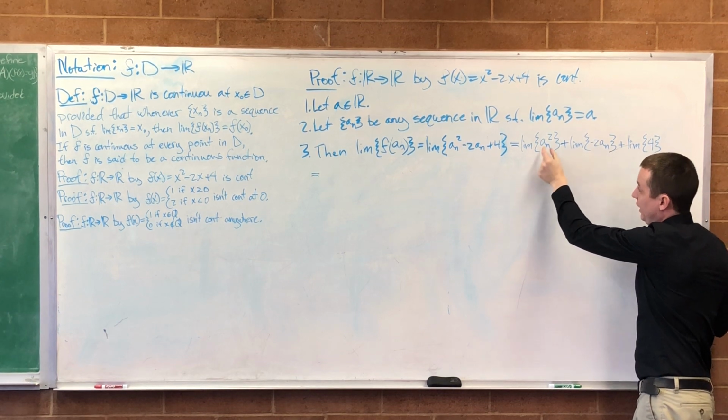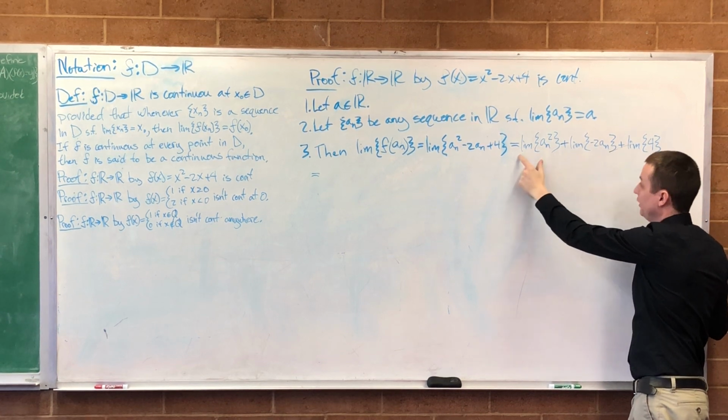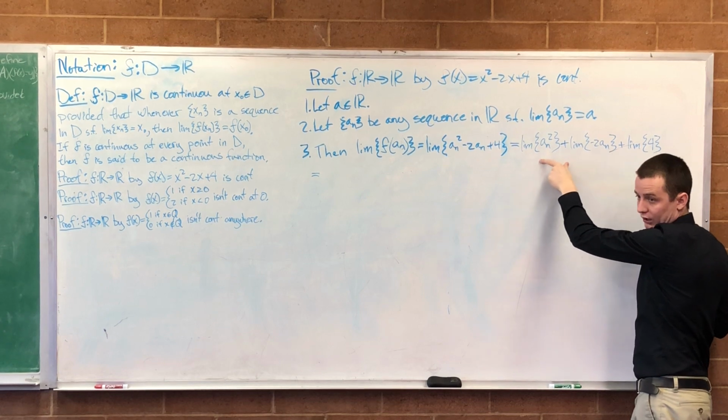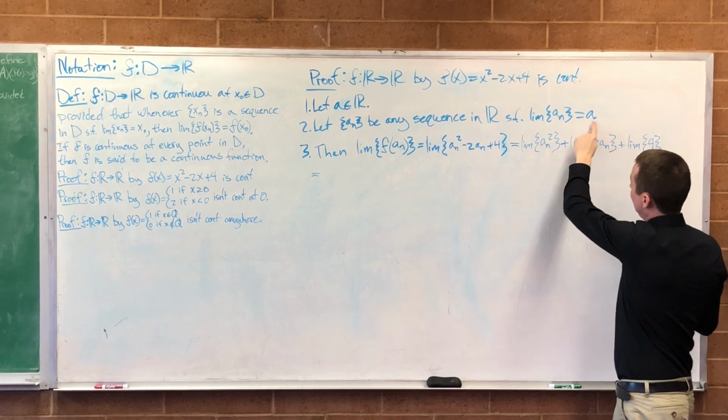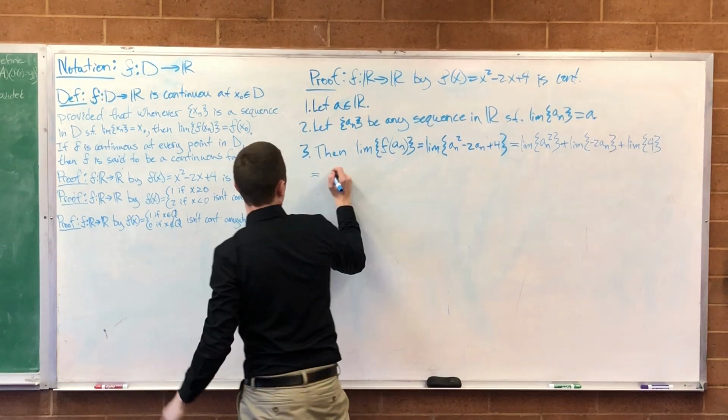So the limit of a sub n times a sub n is the same thing as the limit of a sub n times the limit of a sub n. But we know what the limit of a sub n is, just a. So that's a squared.